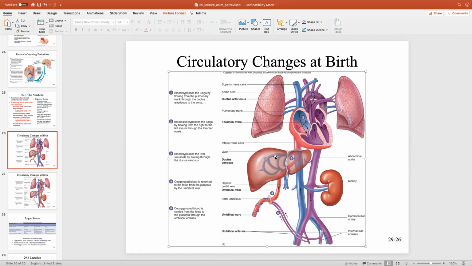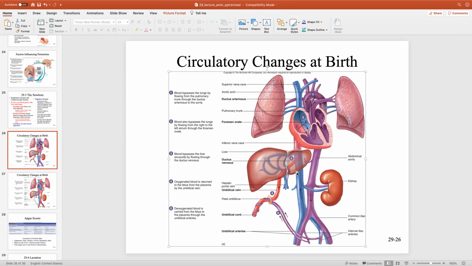When baby is born, it takes a while for the liver to mature and activate and do its job, because it's never had to before. And in the process of waiting for the liver to mature, you're going to be producing a lot of bilirubin.